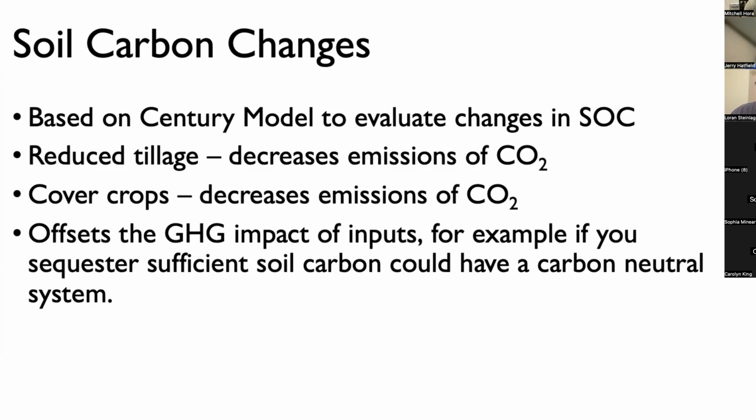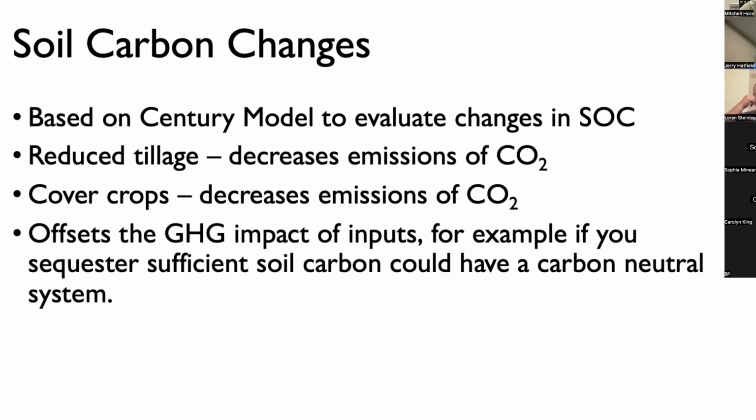If you look at the other piece of this puzzle, it's the soil carbon changes. The DOE and the GREET model use the Century model to evaluate changes in soil organic carbon. And we all know that the Century model has some flaws. It's a fairly coarse model, but we do know that reducing tillage will decrease the emissions of CO2.